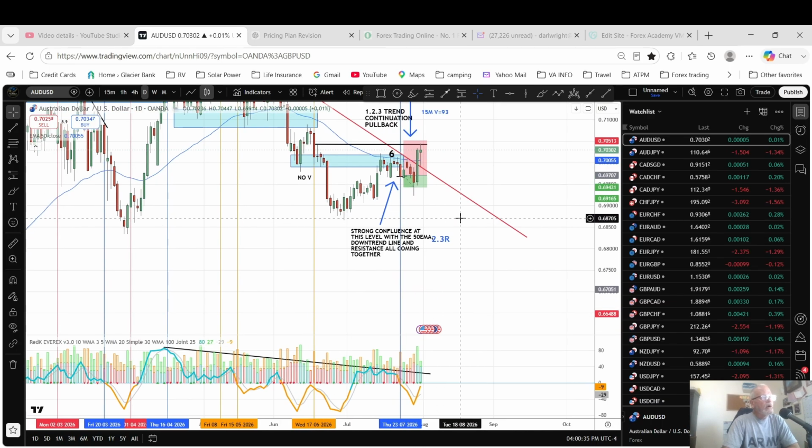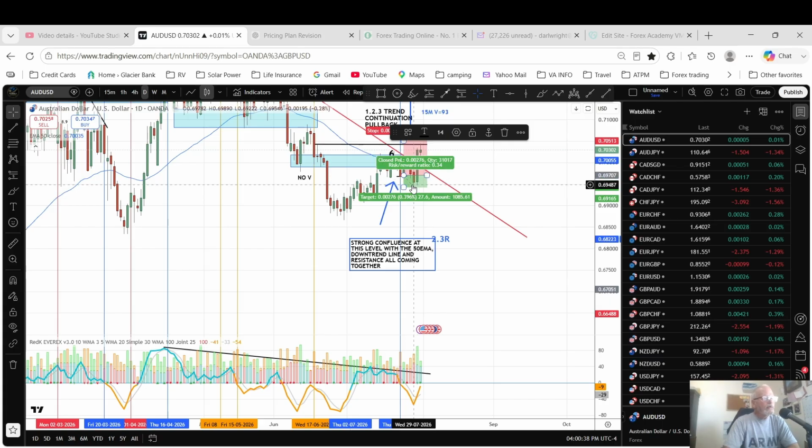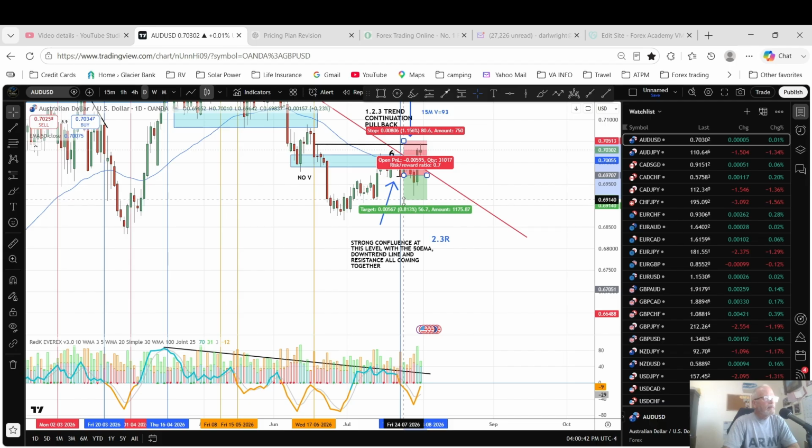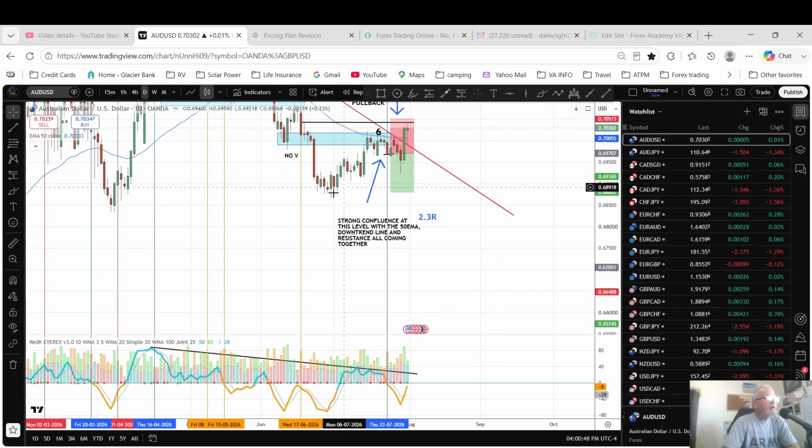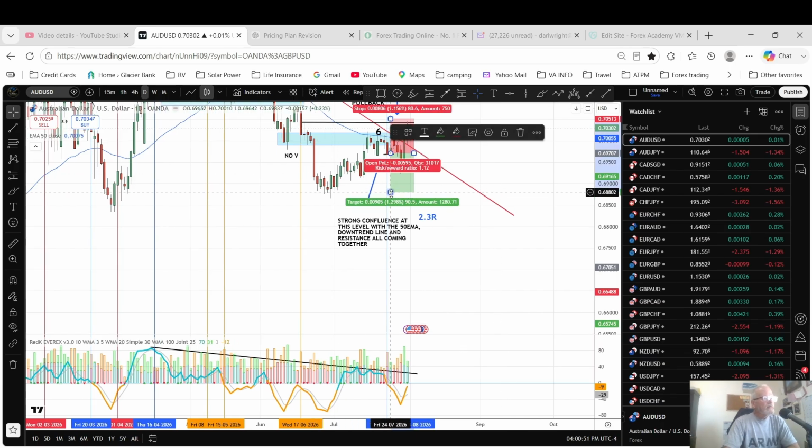Now we're going to look at the daily to see what makes sense. We want to see what is the next level that we think the market is going to go to. Well, ultimately, right here seems like that would be a pretty good one, right? Because that's where the next support is at. But that's not going to give us enough profit in here.